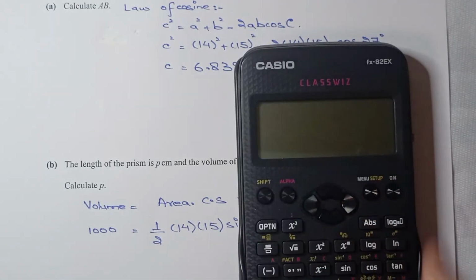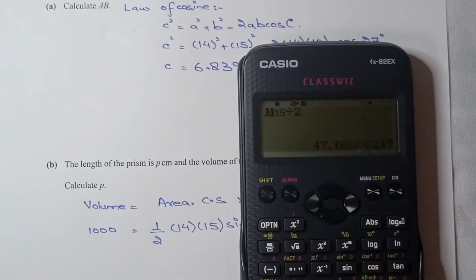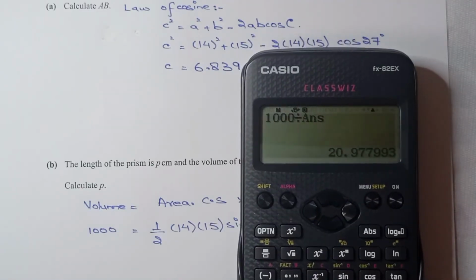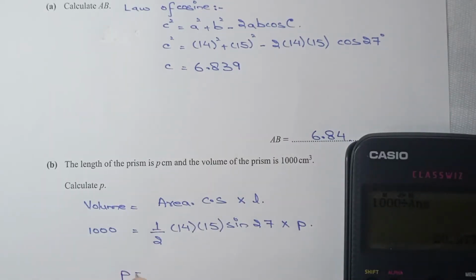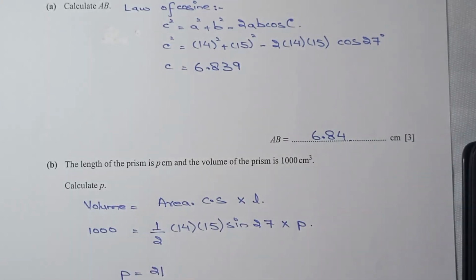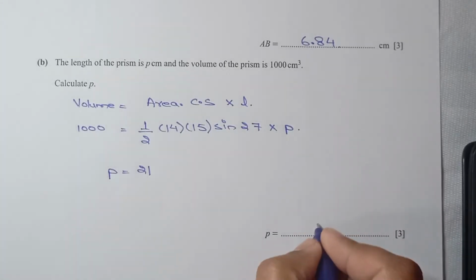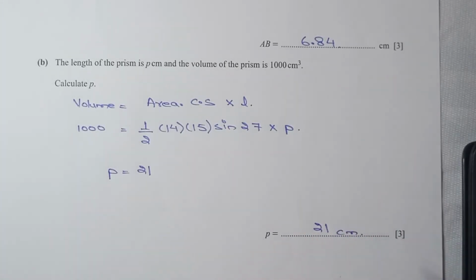So sine 27 and then times by 15 times by 14 and then dividing by 2 would be this much, and then 1000 divided by this expression would be 20.9, or we can say that 21. So the P value is 21 centimeter is the length.